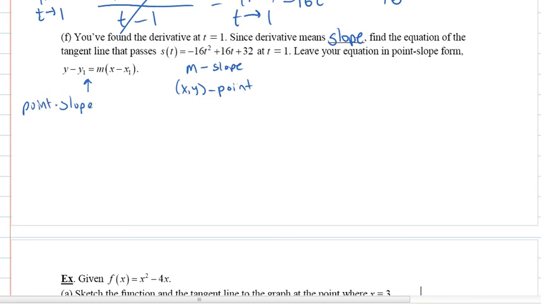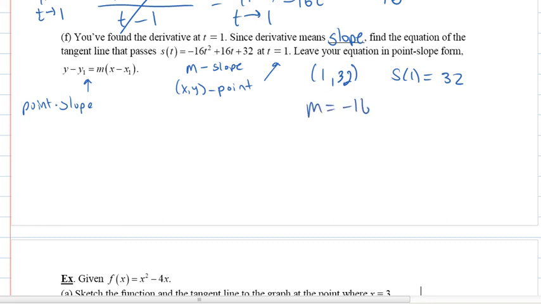Okay, so we have a t value, but I don't have the y value. This is missing. So we simply find the value at 1, and we already know it's 32. So now we have the point, and now we have the slope. The slope, remember, is the instantaneous rate of change.